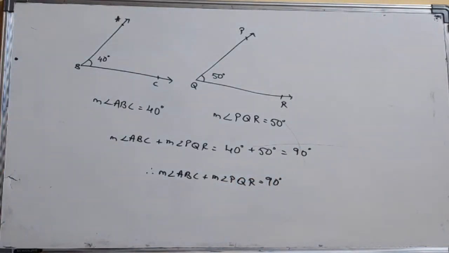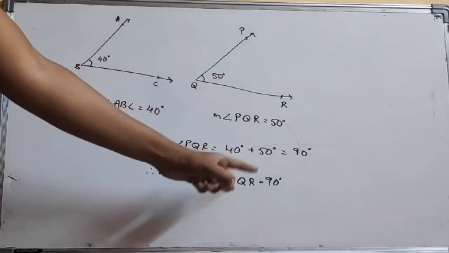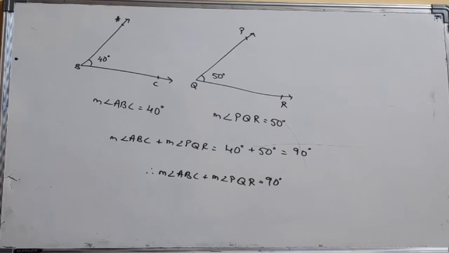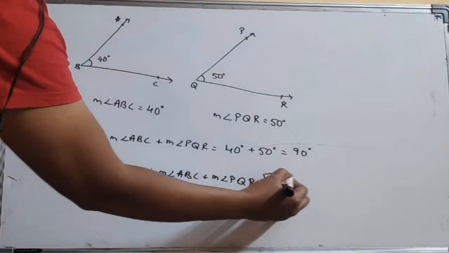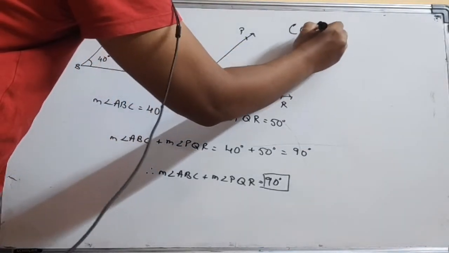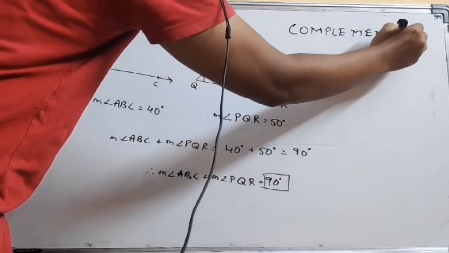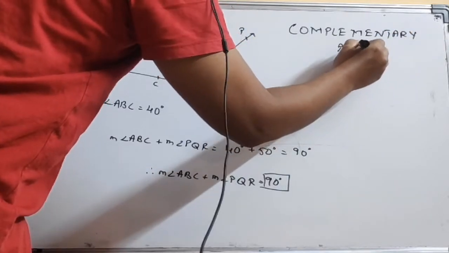Now students, if you have two angles and you add their measures and the total of the measures is 90 degrees, then such angles are called complementary angles.